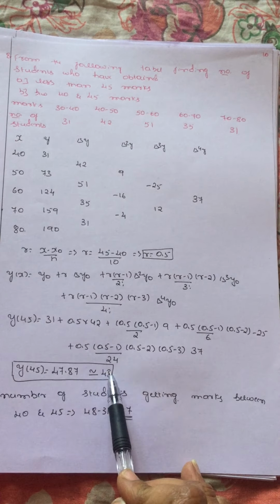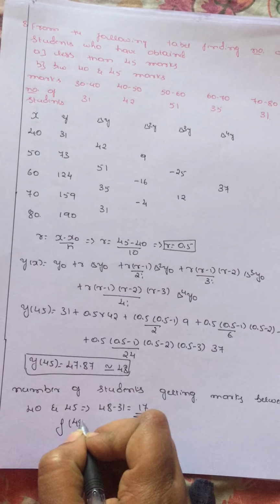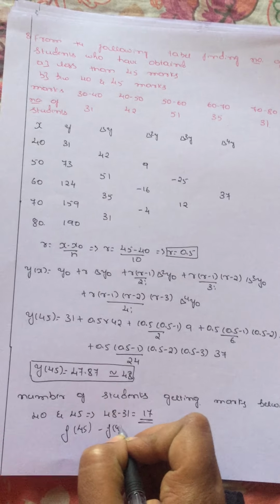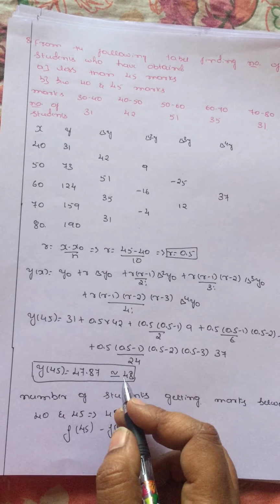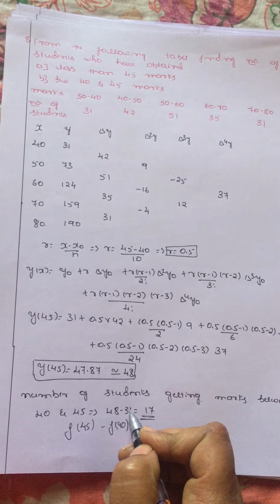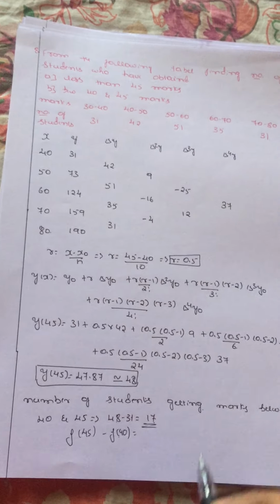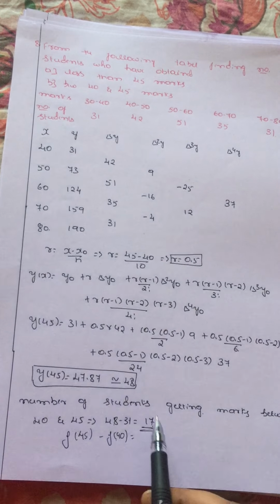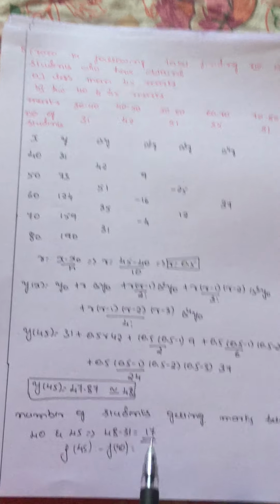That is f of 45 minus f of 40, which is 48 minus 31, equal to 17. So 17 students scored between 40 and 45.